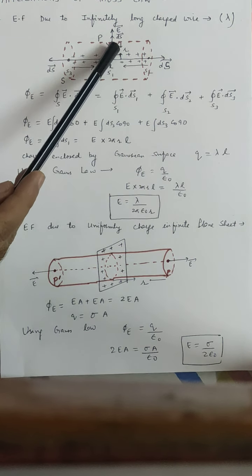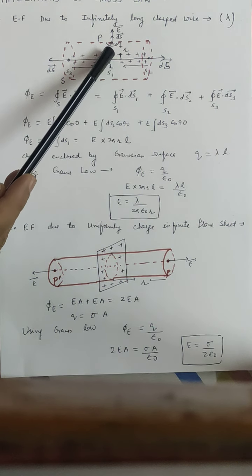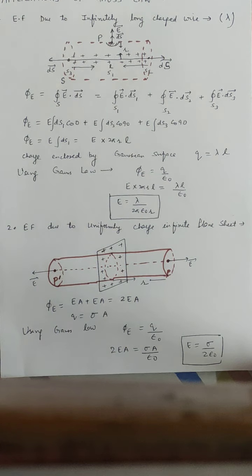So we put a small element ds over here. The direction of the area vector is normal to the surface, and the direction of the electric field can also be calculated by placing a test charge. So the direction of electric field and the area vector is the same as far as point P is concerned.